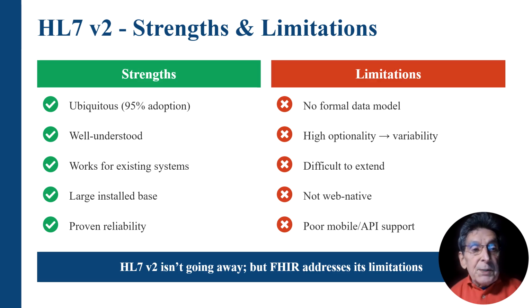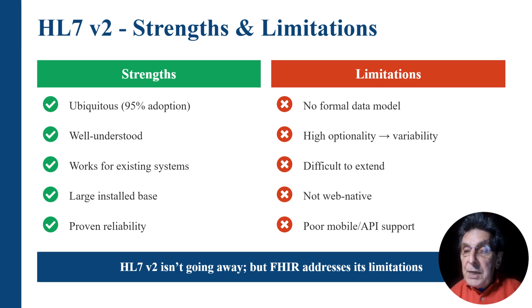All right, let's try to be balanced between the HL7 V2 and its strengths and limitations. The strengths, well, 95% use, so it's ubiquitous. So it's sort of like a de facto standard that everyone uses. It's well understood within the industry.